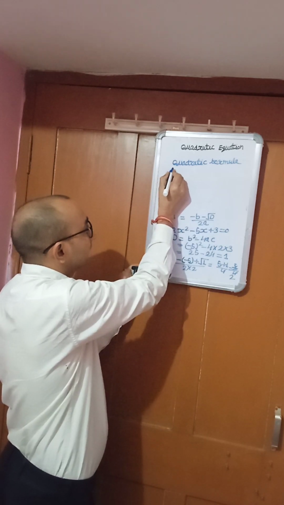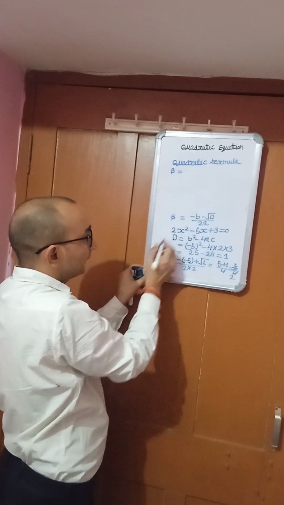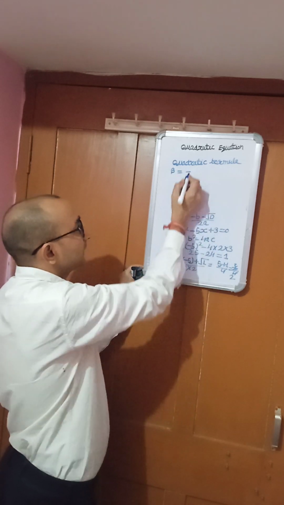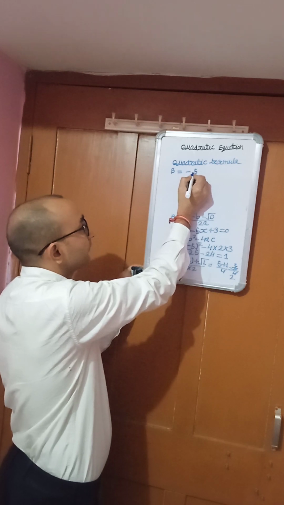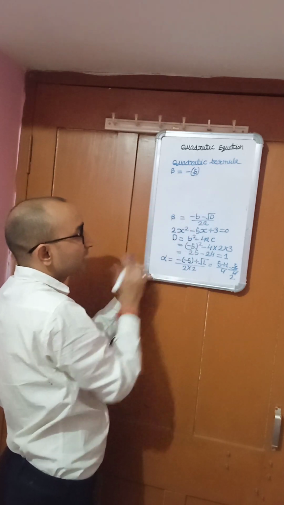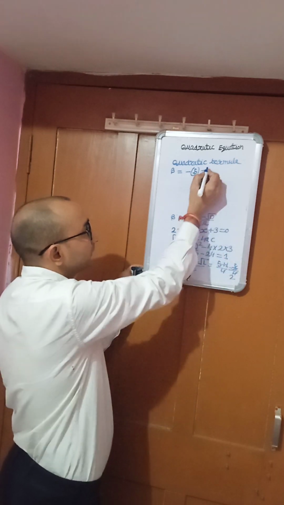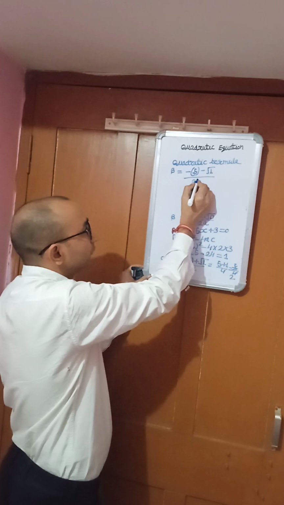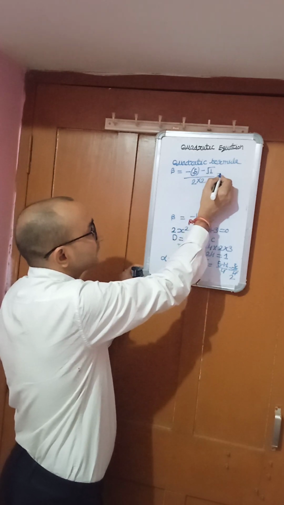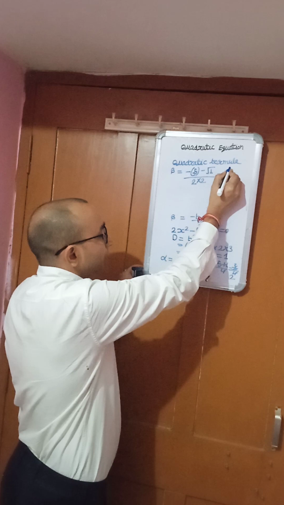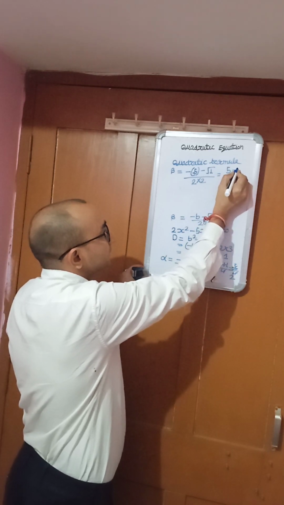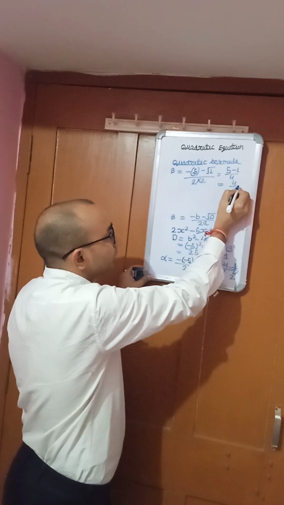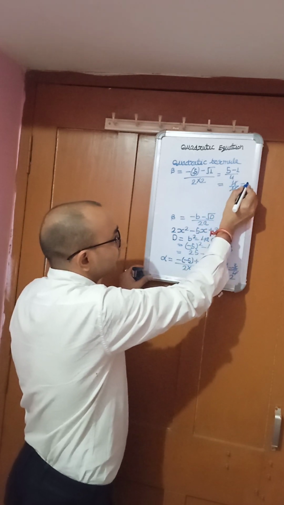Beta can be found by minus b minus root D, the value of b is minus 5, minus D is 1, by 2 into a, 2. This becomes 5 minus 1 by 4, 4 by 4 equals 1.